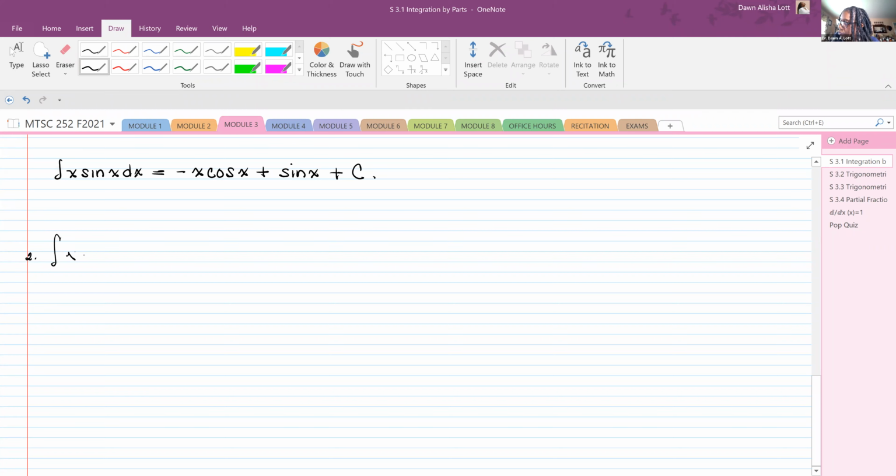Integral of x e to the x dx. Now again, if I let u equal e to the x and dv equal x dx, then when I find v, I get one half x squared, and that's starting to look uglier. It adds a power, so I don't want to do that.